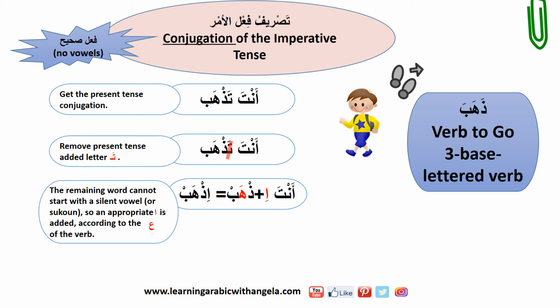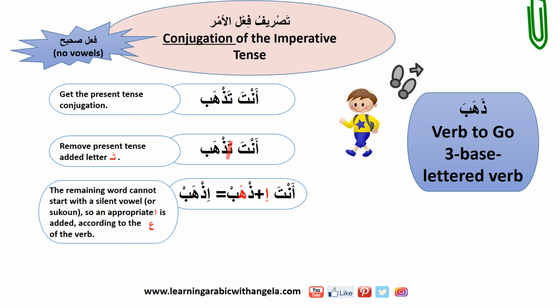And moving on to conjugation of the imperative tense, and I'm not going to cover all the patterns because it's going to be a lot. We're just going to cover one example, which is verb ذهب, which is a 3-lettered verb and which has no vowels. So remember, we get the imperative from the present tense. So we've got 3 steps. First, we got the present tense conjugation, which is أنت تذهب.